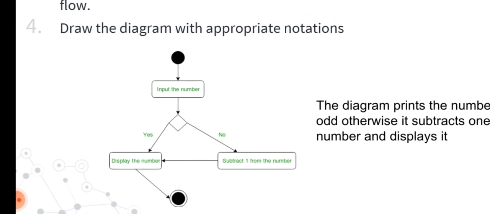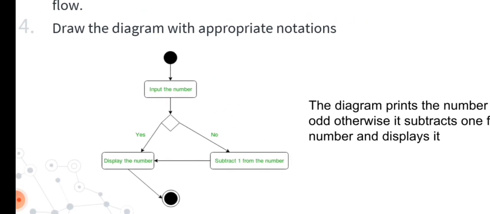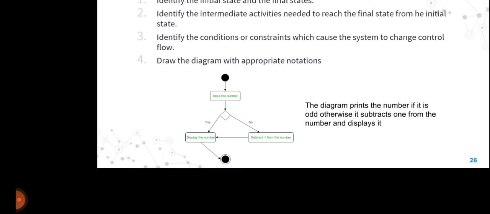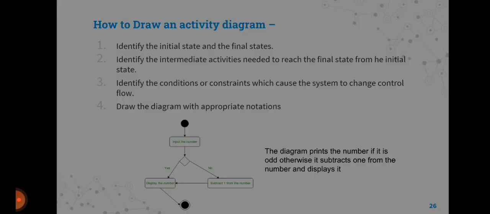If the number is odd, then it goes to the true state, yes, and displays the number. If the condition is false, then it goes to the other part, that is no. Then subtract 1 from that number, then we will get an odd number, and it transits to display the number and then to the final state, that is the end state.